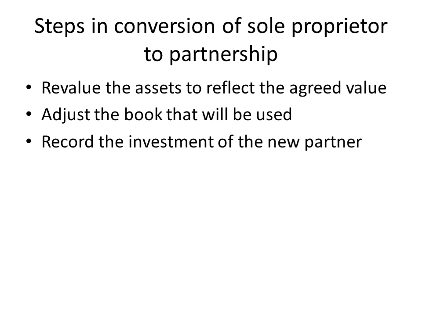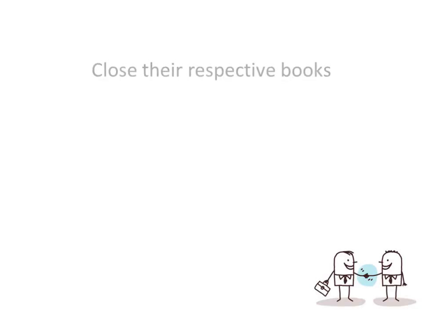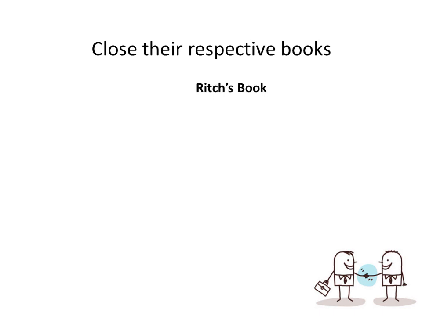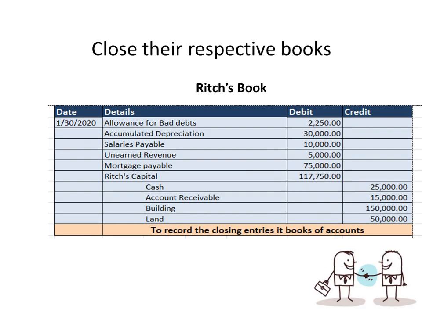We adjust the book that will be used. We already adjusted Igna's book. And then record the investment of the new partner. First, we close the book of Rich because we will not be using the book of Rich anymore. So we debit all the credit accounts and credit all the debit accounts.